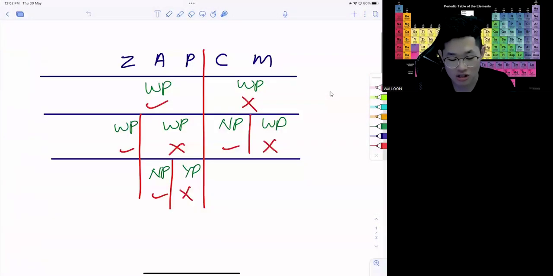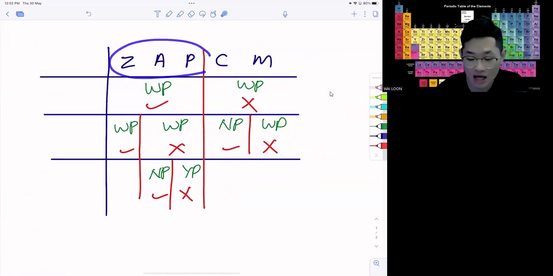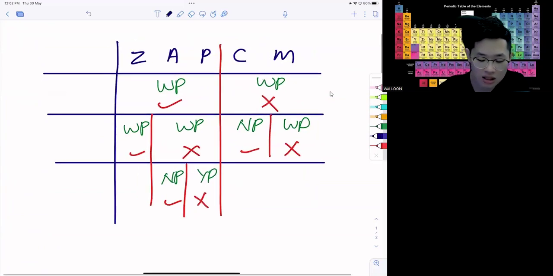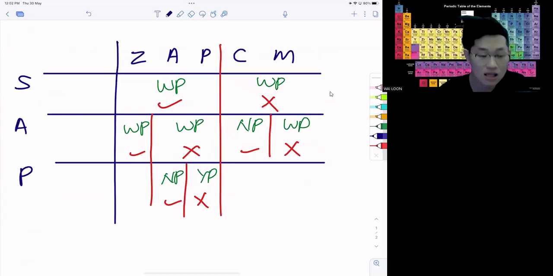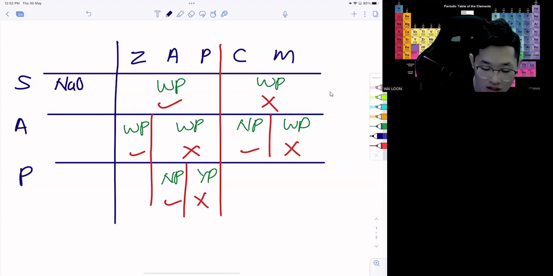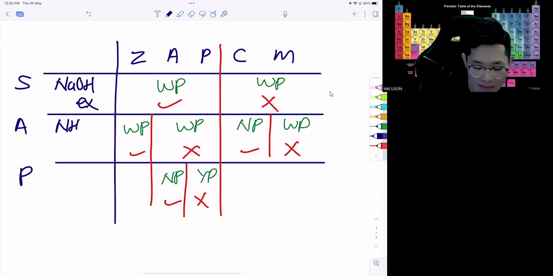Then on the left-hand side, here is ZAPCM. Here is our SAP. S is sodium hydroxide excess. A is ammonia solution excess.